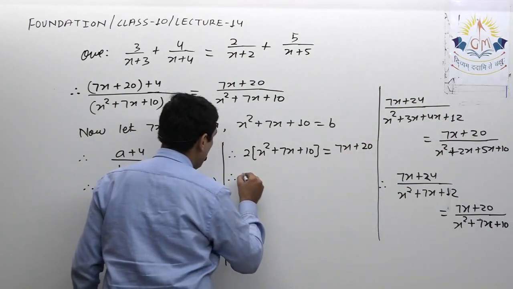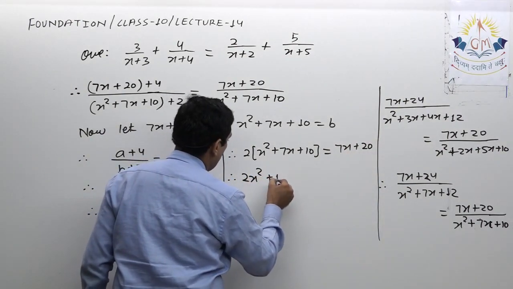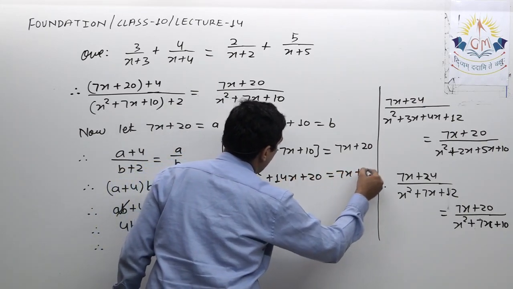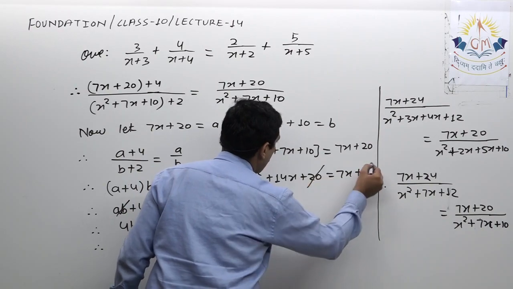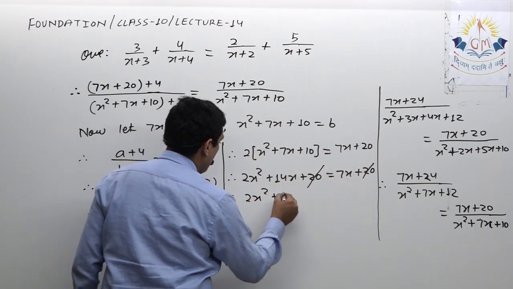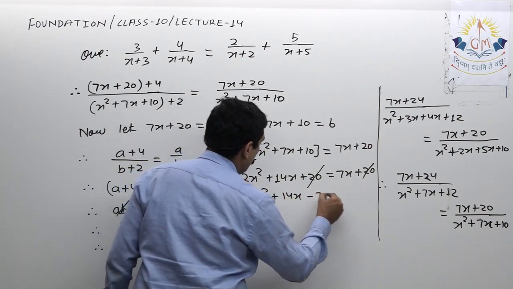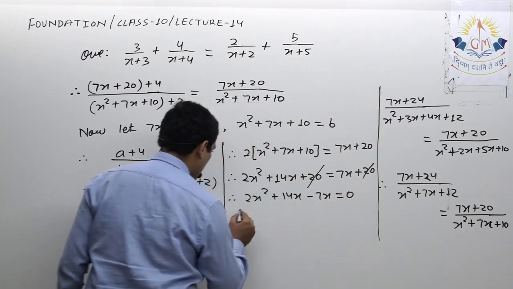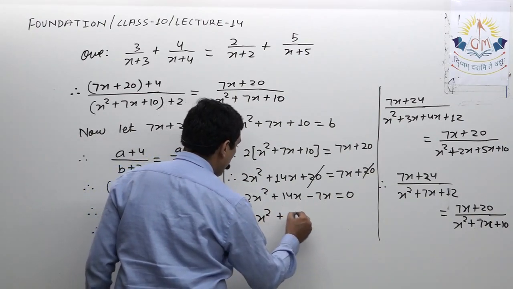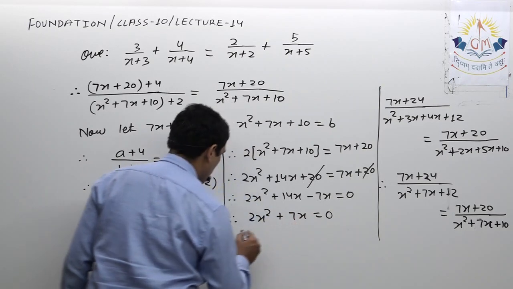This gives you 2x square plus 14x plus 20 is equal to 7x plus 20. This 20 and 20 I can cancel out. So 2x square plus 14x minus 7x is equal to 0. Therefore 2x square plus 7x is equal to 0.